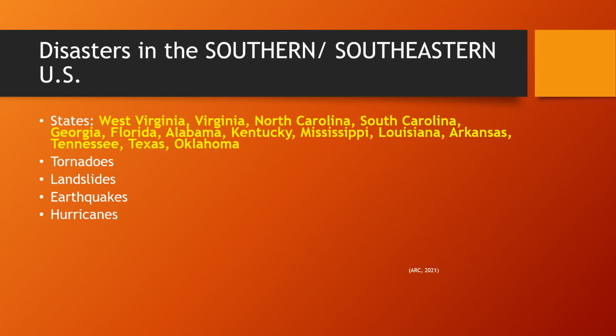Next, we have the southern and southeastern U.S. These states include West Virginia, Virginia, North Carolina, South Carolina, Georgia, Florida, Alabama, Kentucky, Mississippi, Louisiana, Arkansas, Tennessee, Texas, and Oklahoma. They are prone to tornadoes, landslides, earthquakes, and hurricanes.